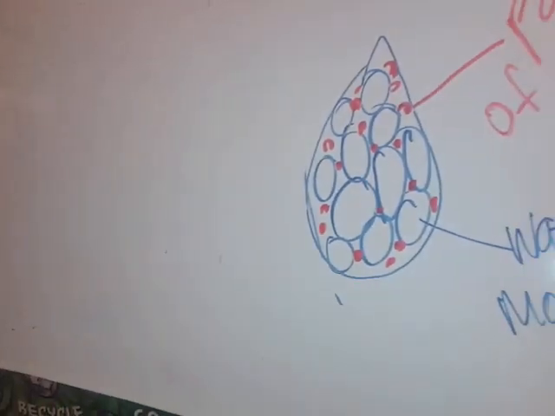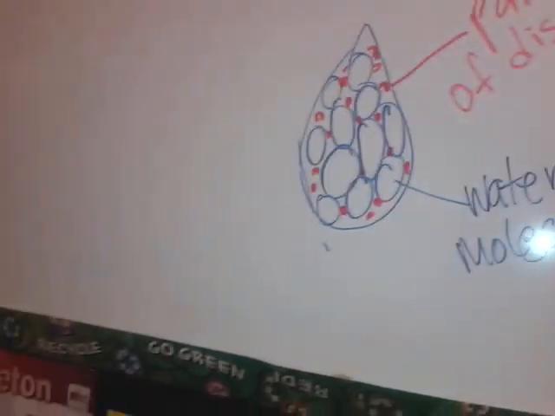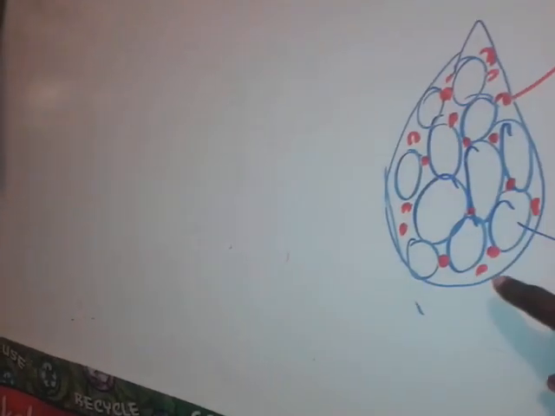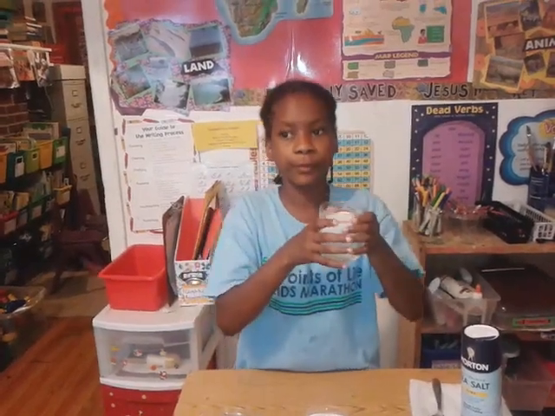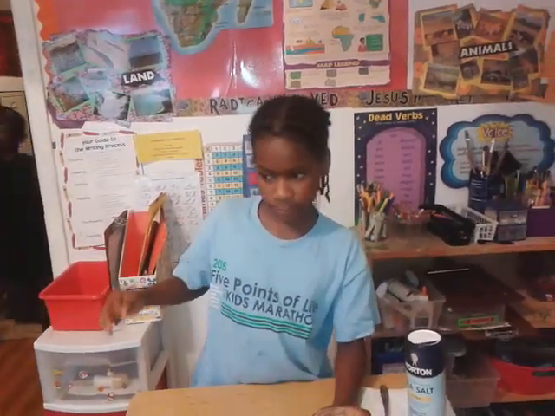Fitting right between the water molecules. Right. The dissolved salt fits right in between the molecules of the water, making the water what? Smaller. No. What's that vocabulary word? Dense. Dense. Right? It makes the water stronger, right? Makes it a little bit more dense, and so what's happening?